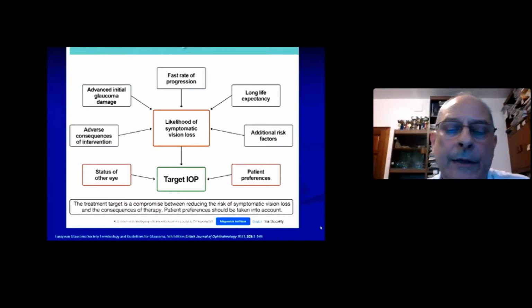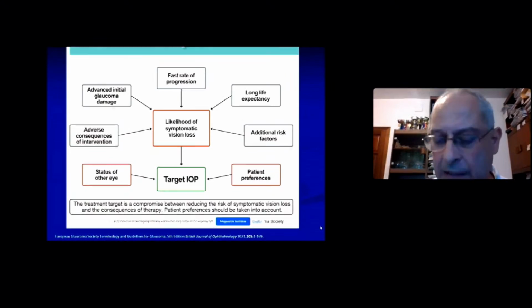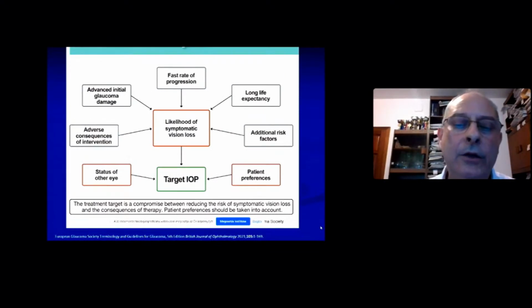When target IOP is decided, this is an important thing because in many inadequately treated eyes, it is not decided. We have to consider several factors, what you can see on this graph. But one sector is particularly important, and this is patient preference, tolerance, adherence, and the patient's willingness of using the medication as we prescribe on the long run. If we don't reach that, the good medication will not work on the patient.